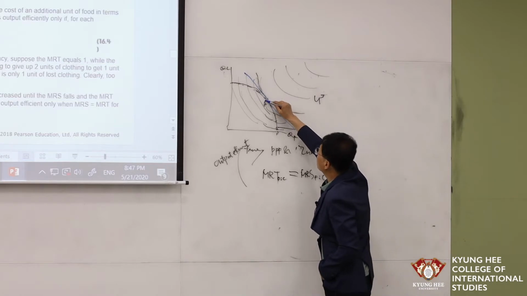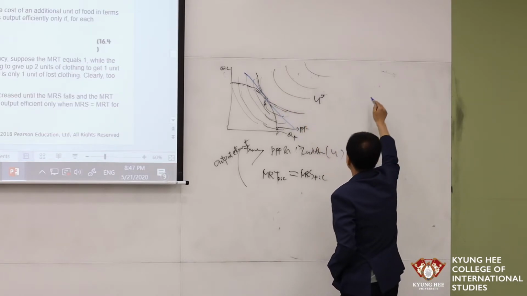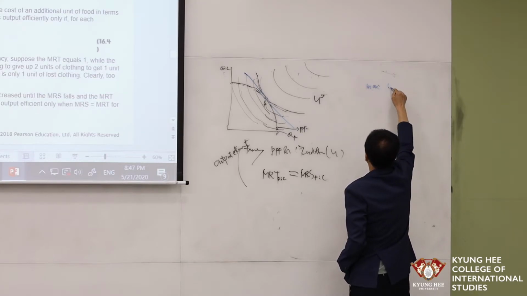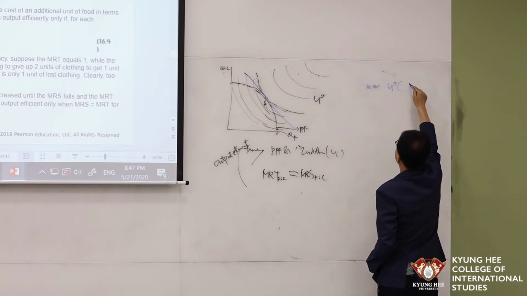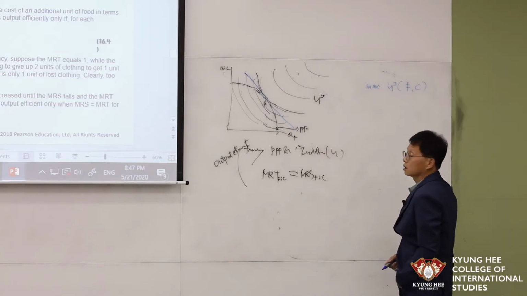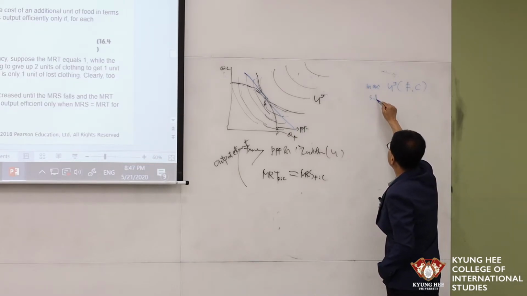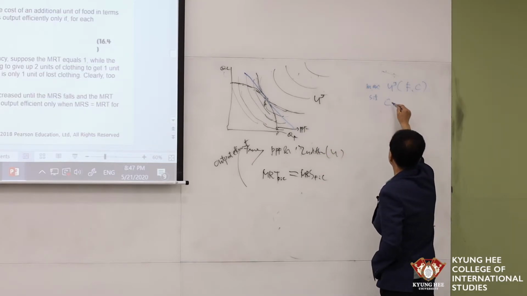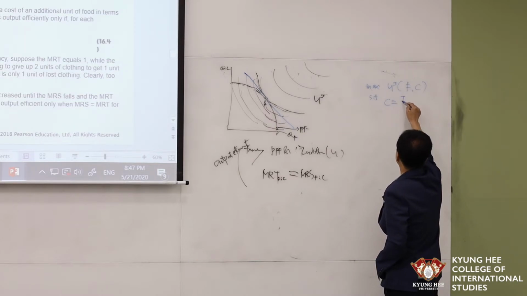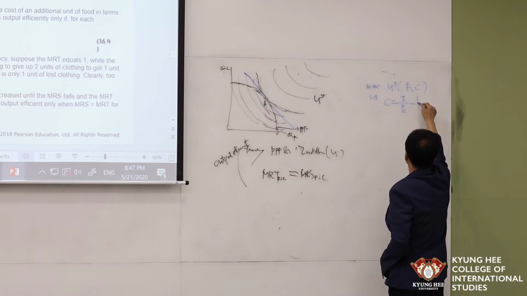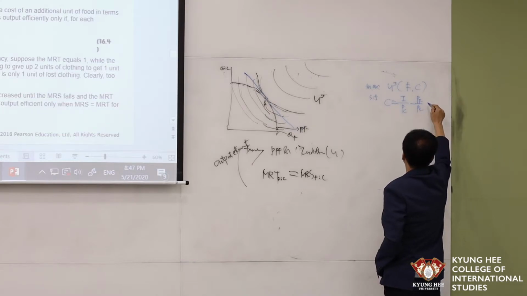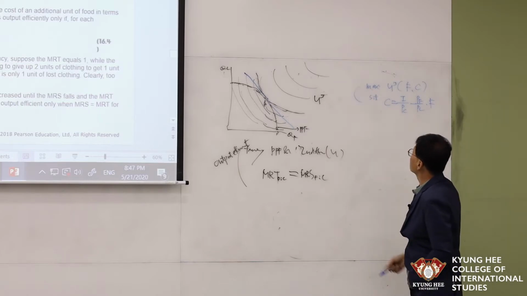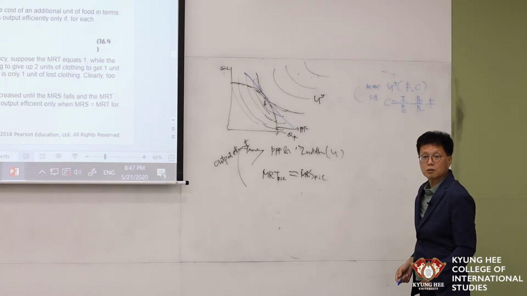At this point, in consumer theory, for example, James, one individual, maximizes the utility of James from consumption of food and clothing, subject to a budget constraint, right? The budget constraint is C equals income over PC minus PF over PC times F. Consumer theory solves this kind of problem, right?